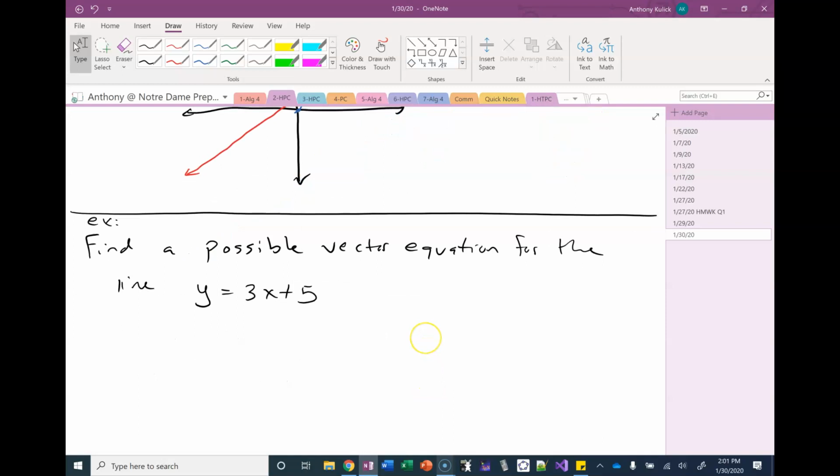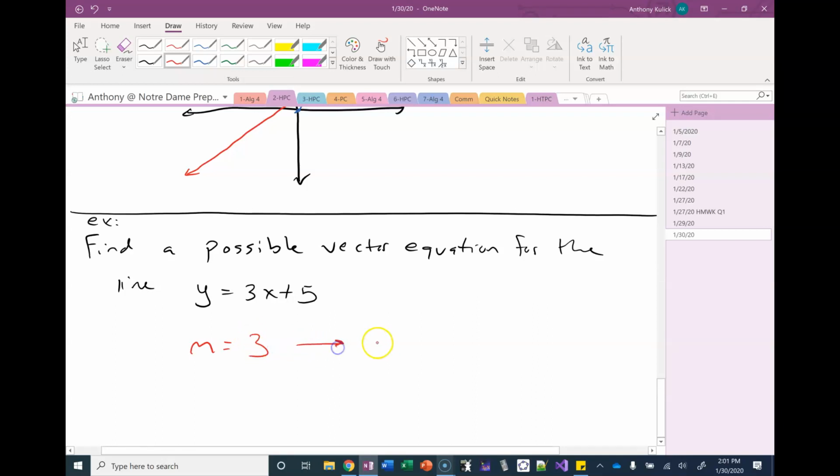So let's say we want to find a possible vector equation for the line y equals 3x plus 5. What's the slope for this line? 3.